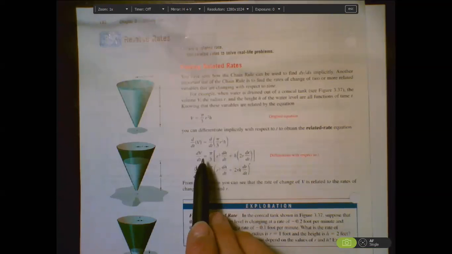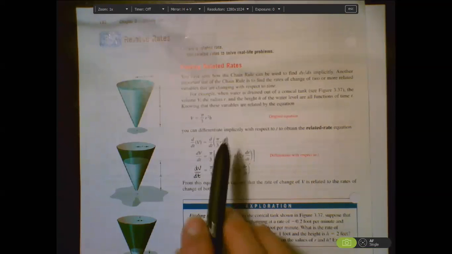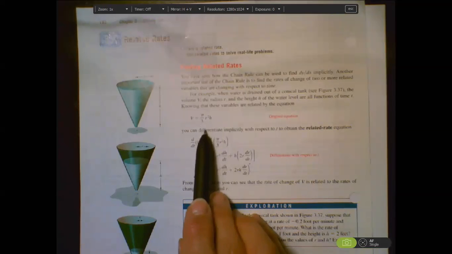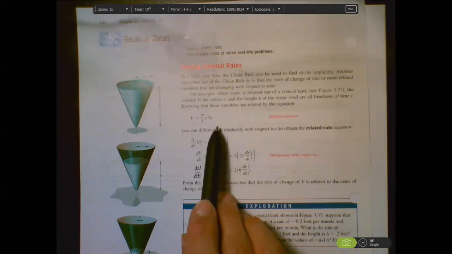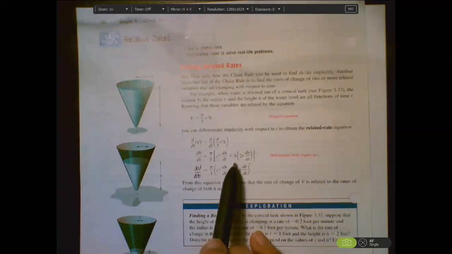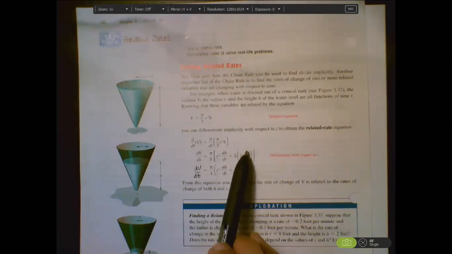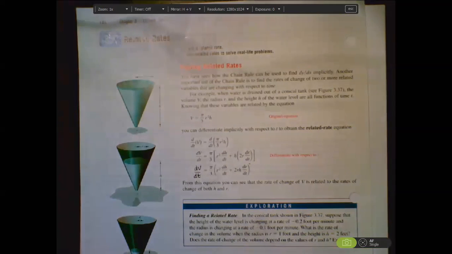We're saying we know that volume, height, and radius are all functions of time. We don't know the exact expression for how radius relates to time or h relates to time. So there's some uglies that we can't define explicitly. That's why whenever we differentiate them, we have to have dh over dt or dr over dt as part of the derivative.